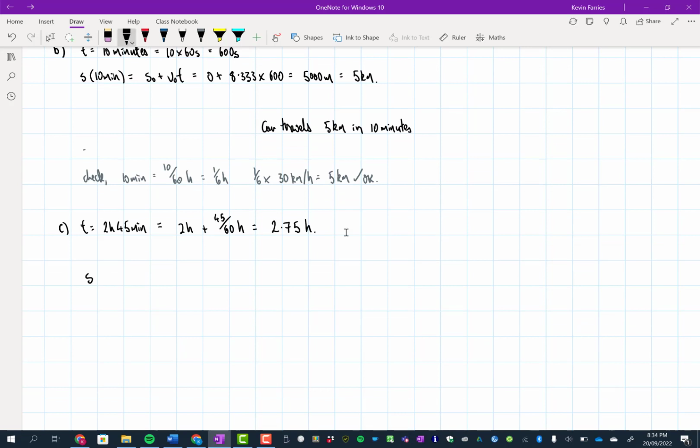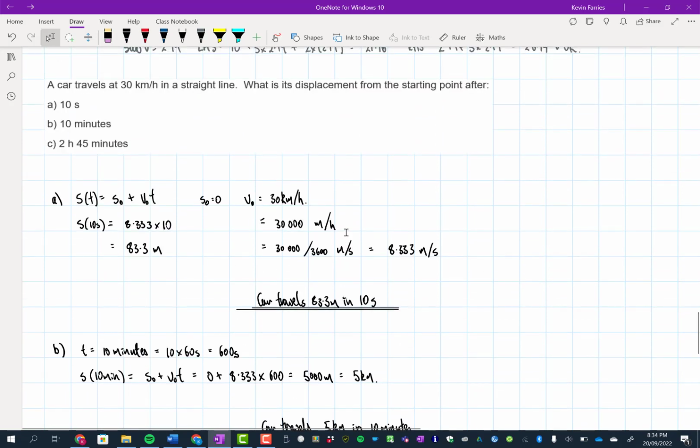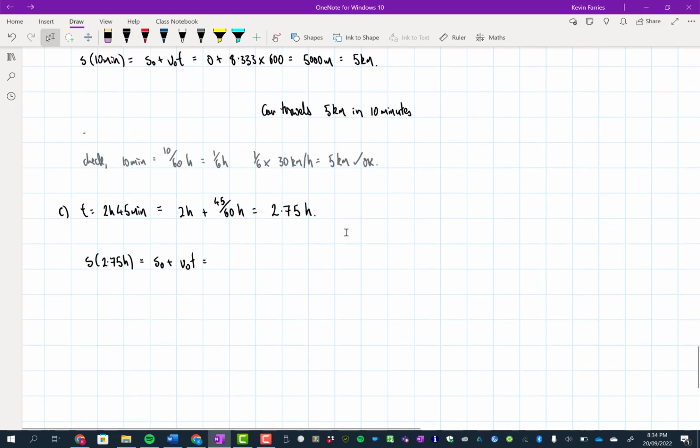So S, the displacement at 2.75 hours, is going to be equal to S naught plus V naught times T. Our initial displacement, we're defining displacement from the starting point. Did I ask for displacement? Did I ask for distance? Displacement. They're the same thing in this case anyway.